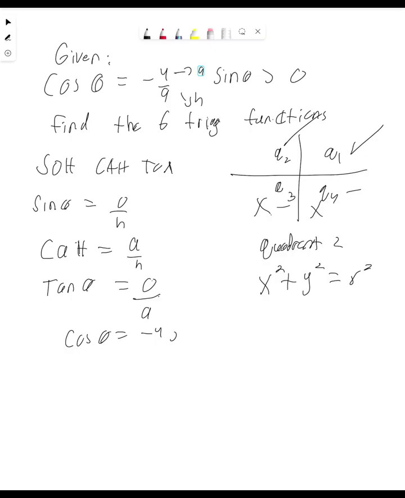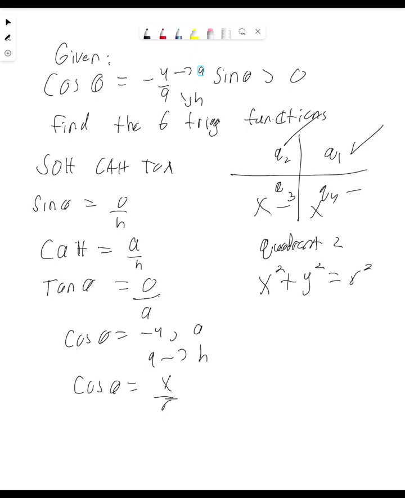So we're nowhere in the unit circle. So we can do what we have here, -4 as our a, and 9 as our h, or we can recognize that cosine equals x divided by r.